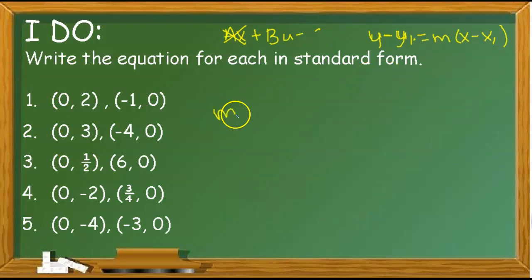Go ahead and do number 4. So again, I don't think it ever hurts to put your numbers on there. Sometimes I get messed up. So we're going to do y minus y. So 0 minus a negative 2. Again, be careful with that. And then x minus x.